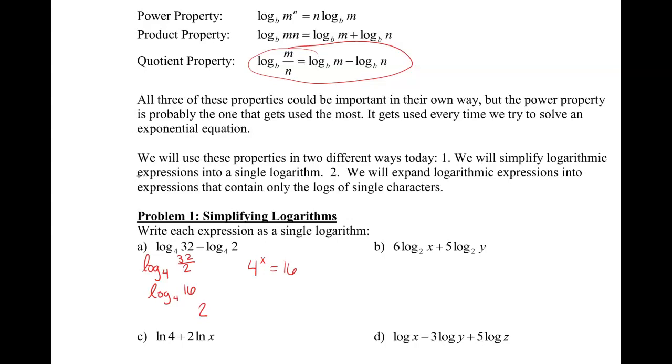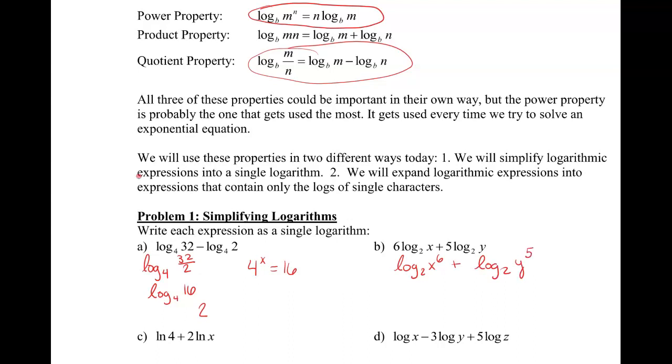Alright, on B we've got a couple different rules going on. The first one I need to be using is that power property, because I see something out in front. So that's going to change this into being log base 2 of now x to the 6th plus log base 2 of y to the 5th. Alright, not so bad.